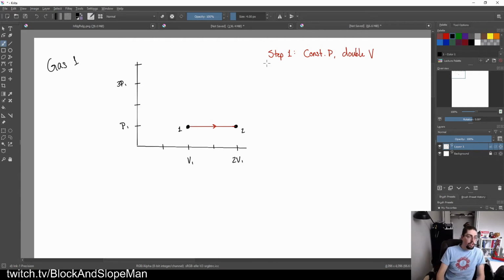Now we're looking at the next step. And this is going to be an isothermal transition to where the pressure is quadrupled.